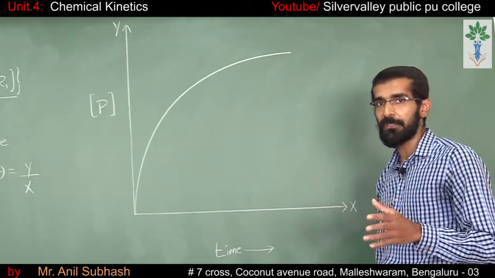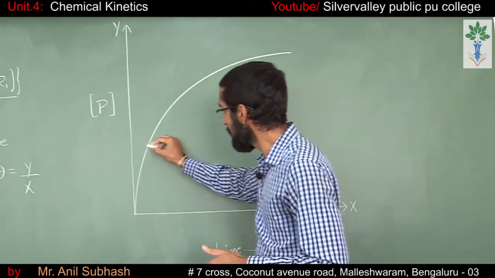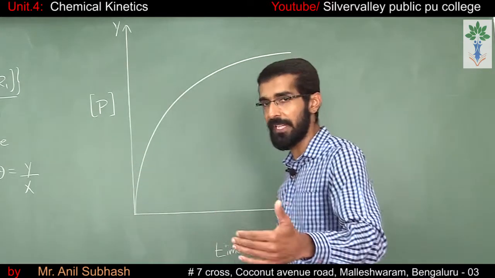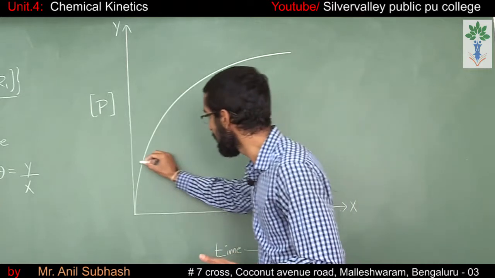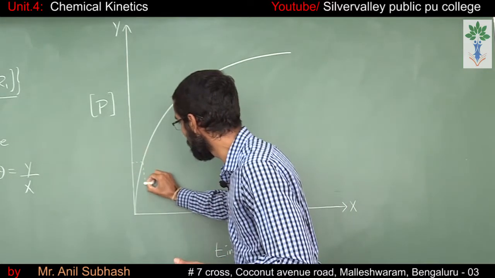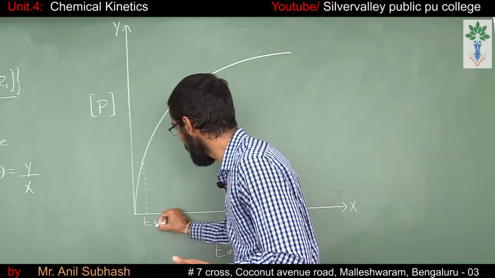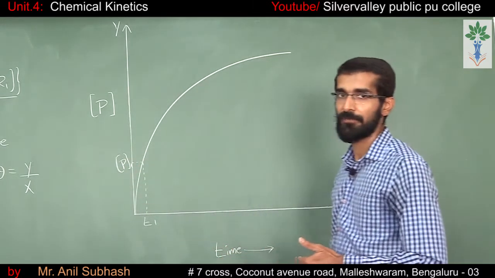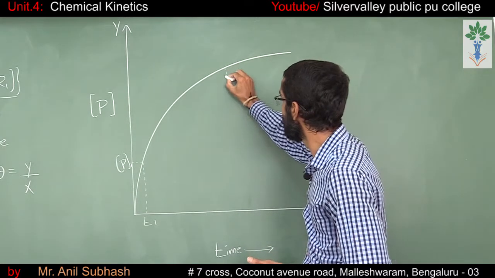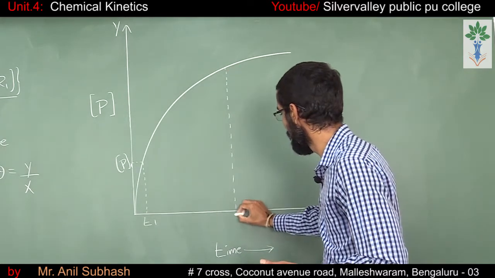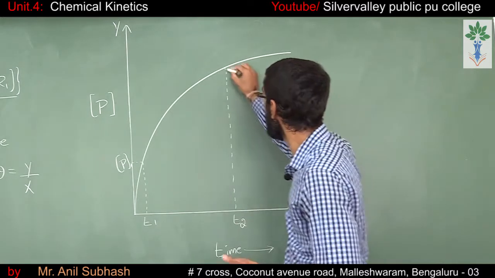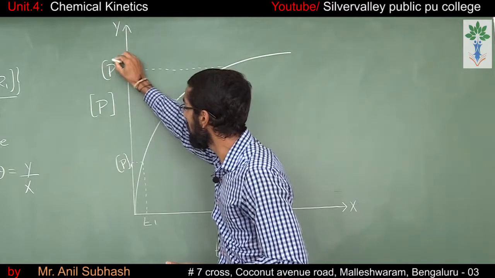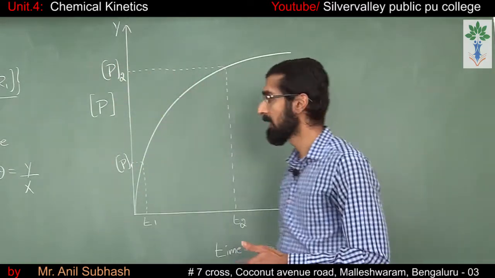Now, if I want to find out the average rate, I need to find out the concentration of the product at two different times, T1 and T2. At time T1, let P1 be the concentration of the product. At time T2, let P2 be the concentration of the product.